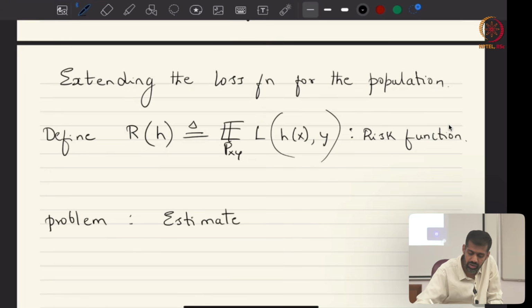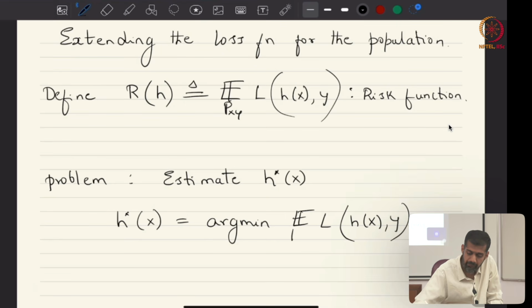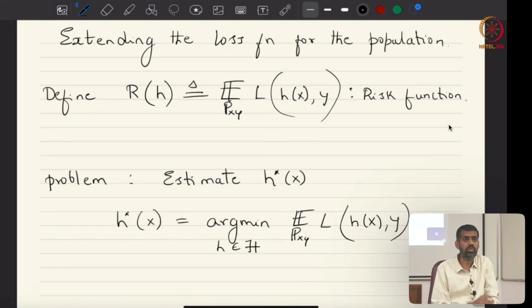Estimate h star of x, which is given as the function that minimizes this expected loss, or minimizes the risk, expected loss over the joint distribution, and this optimization is for all h that is in the hypothesis space.